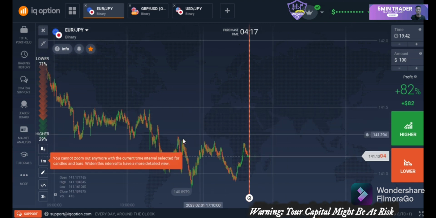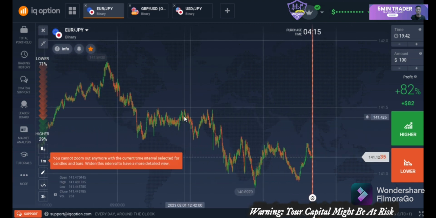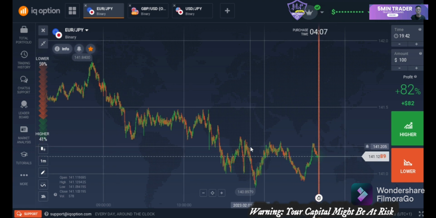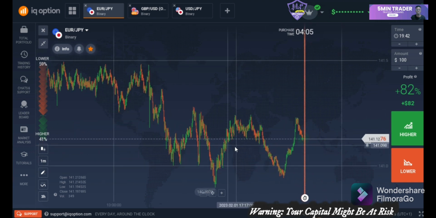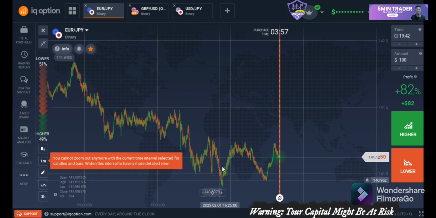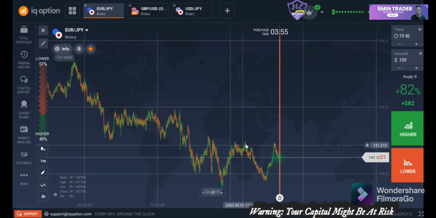So the first thing I'm going to do is analyze the chart. This for me in the previous times was a very smooth downtrend, but I can see that there is some obstruction to the price action. The market, this is a low, created a lower high, but it was unable to create a lower low.